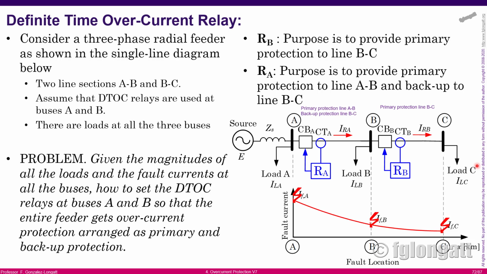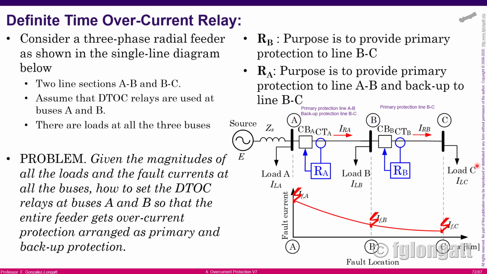Now, how do we set those relays at bus bar A and B so that in this feeder we can get overcurrent protection, non-directional overcurrent protection, as a primary and backup protection?